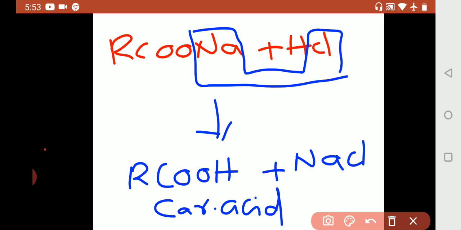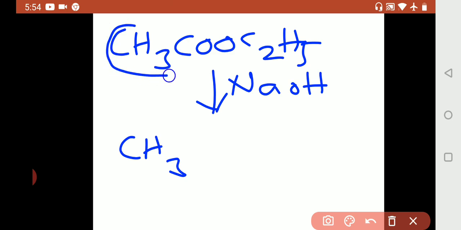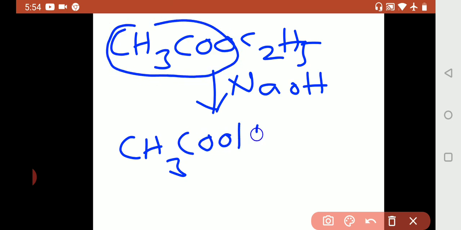Yes, the whole equation is explained with the help of CH3 in place of R and C2H5 in place of R'. So on hydrolysis in presence of NaOH followed by acidification with HCl, the direct product formed is CH3COOH plus C2H5OH.